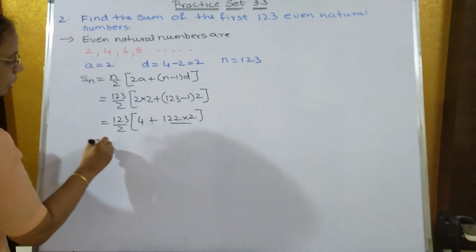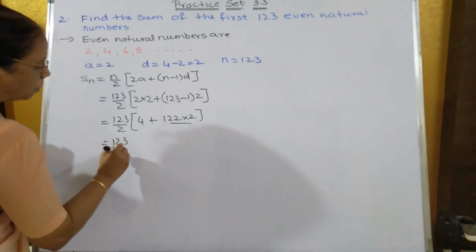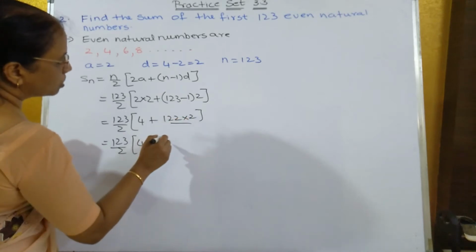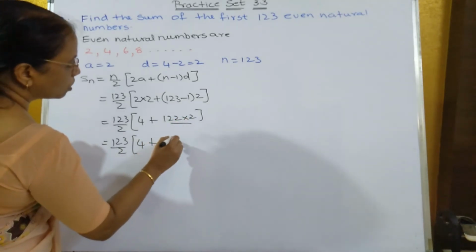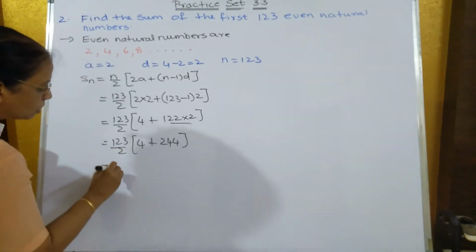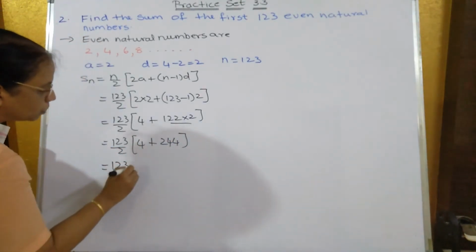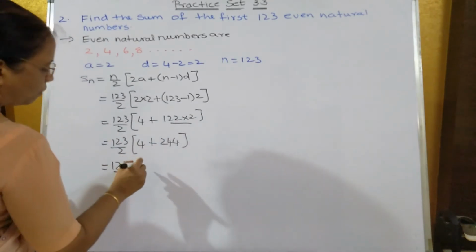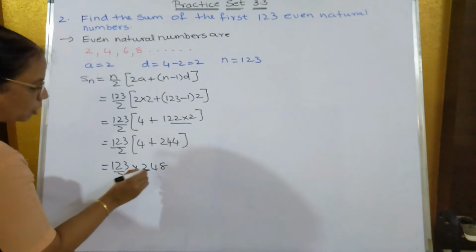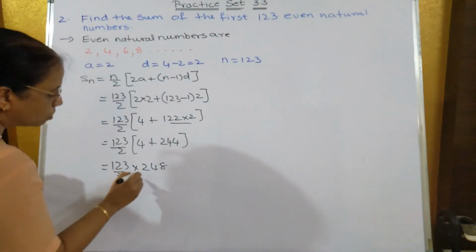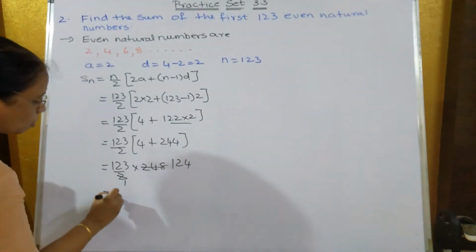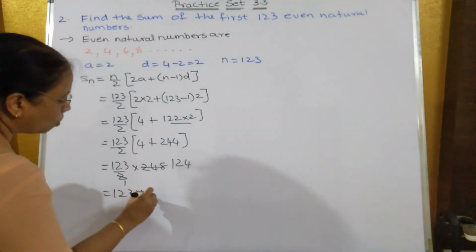So what do you get? 123 upon 2 into (4 plus 122 into 2). 122 into 2 is 244. So that is equal to 123 upon 2 into (244 plus 4). 244 plus 4 is 248. 248 divided by 2 is 124. So that is equal to 123 into 124.